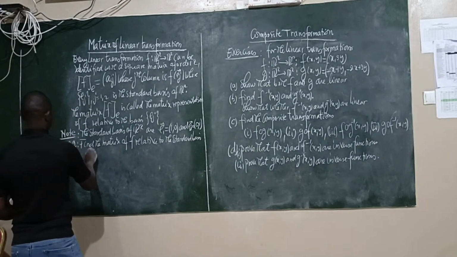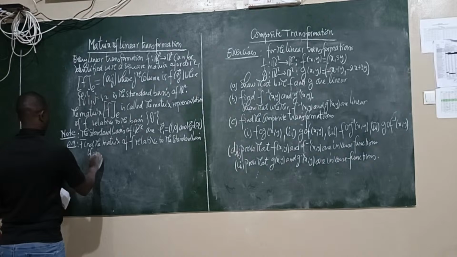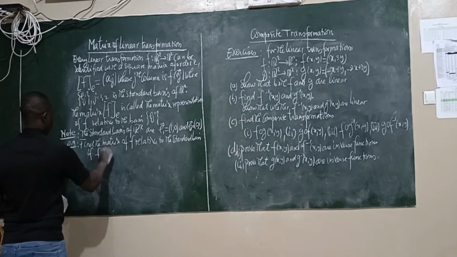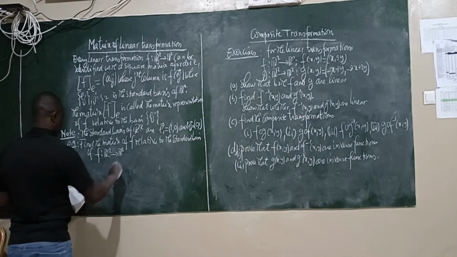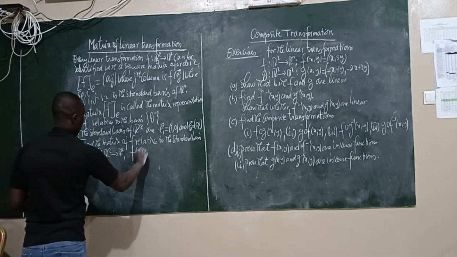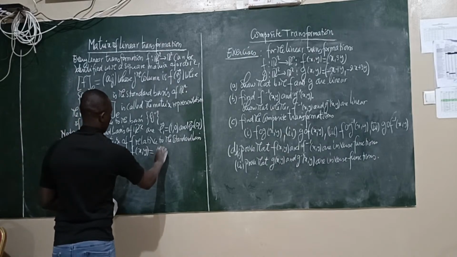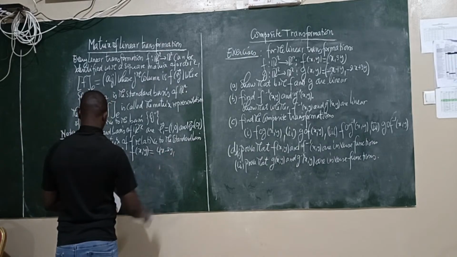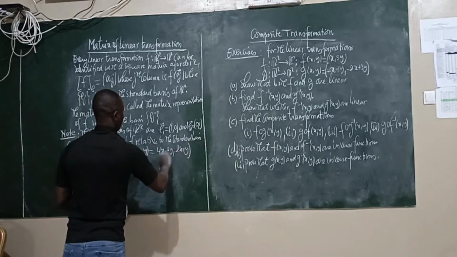If f is a mapping that maps R2 to R2 such that f(x, y) = (4x - 2y, 2x + y).